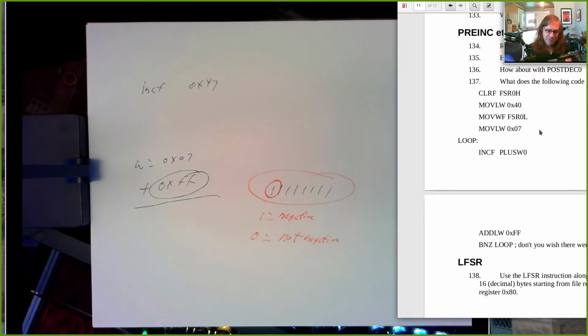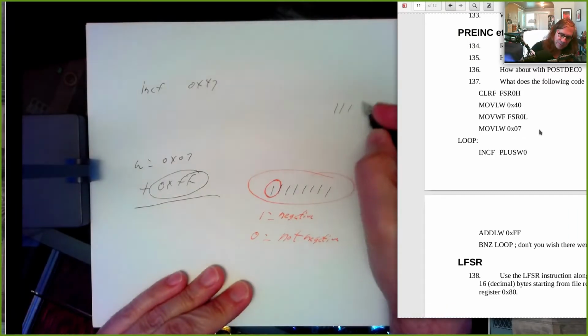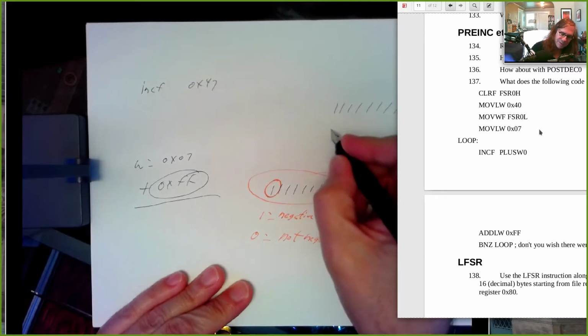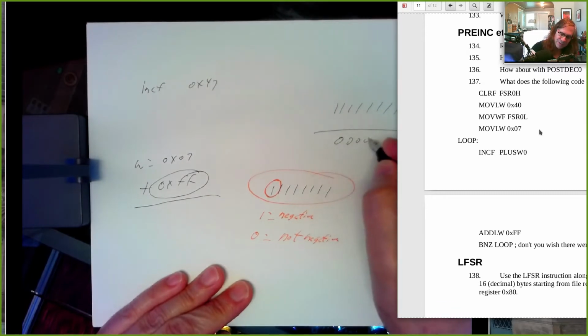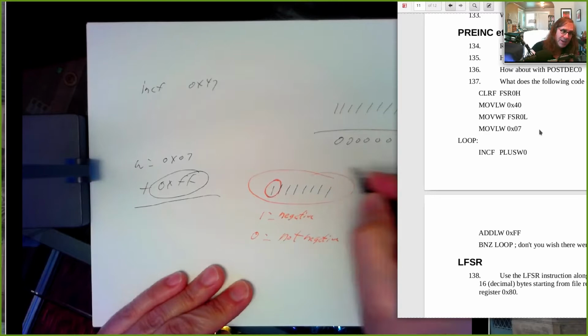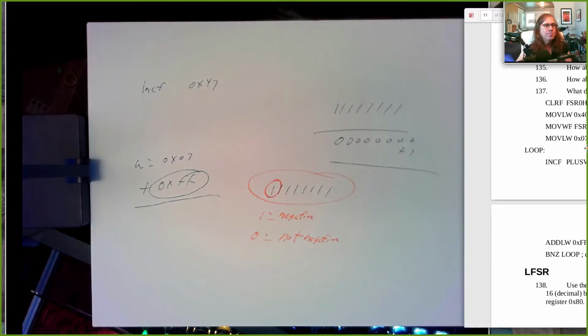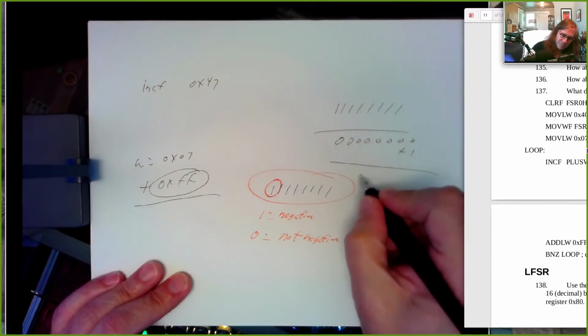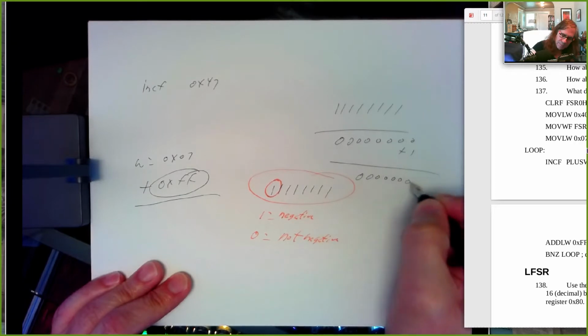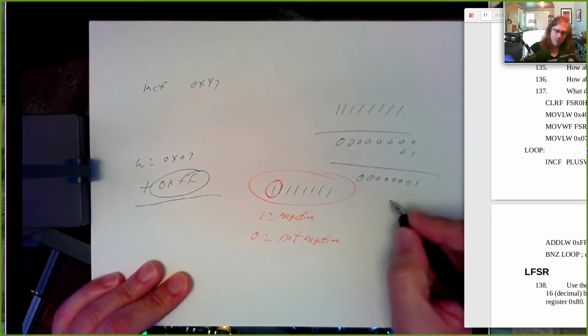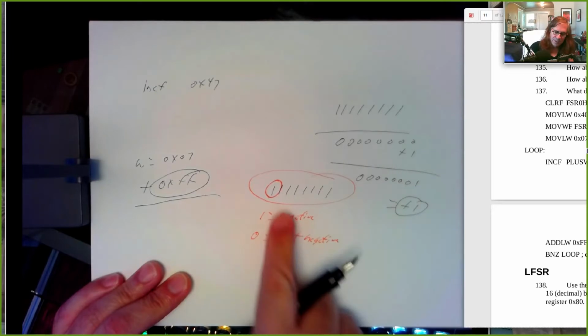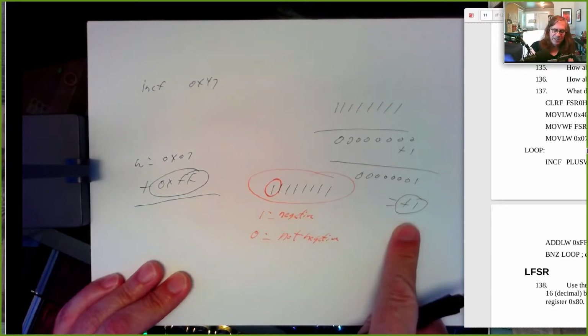this number. So if you take 1, 1, 1, 1, and you toggle all the bits, you get a bunch of zeros. If you add 1, you get just good old 1. So this must be the negative of that.